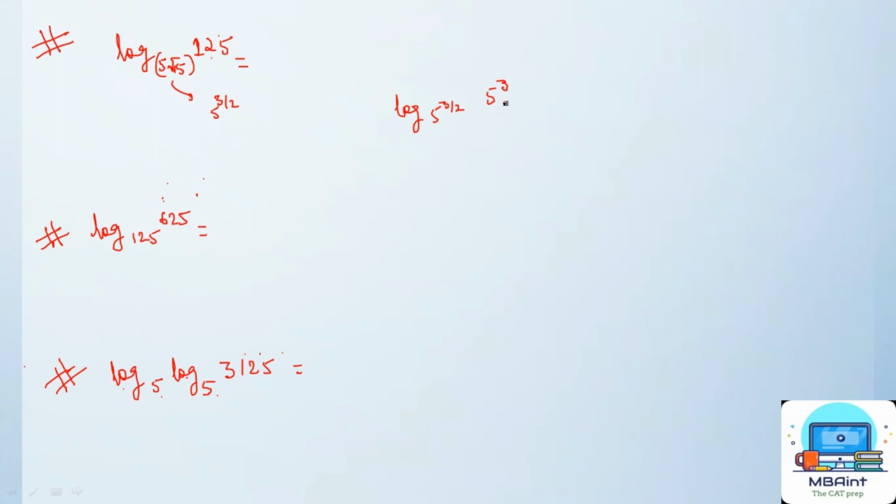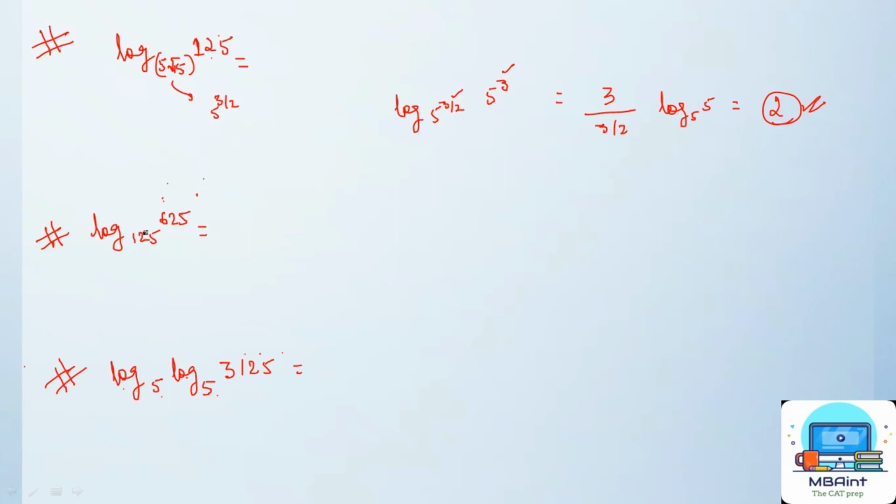We have seen a property regarding these two, so this is going to be 3 upon 3 by 2 times log base 5 of 5. This gets cancelled and you have 2 as the answer. I suppose you got the same answer.